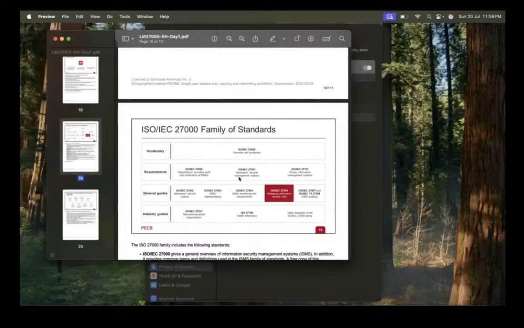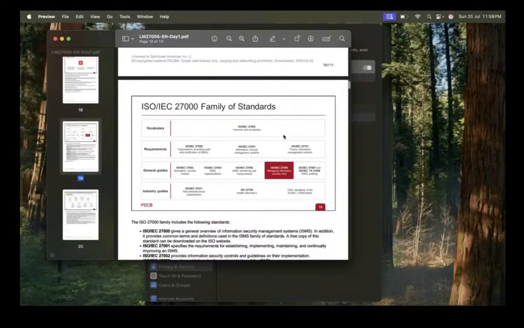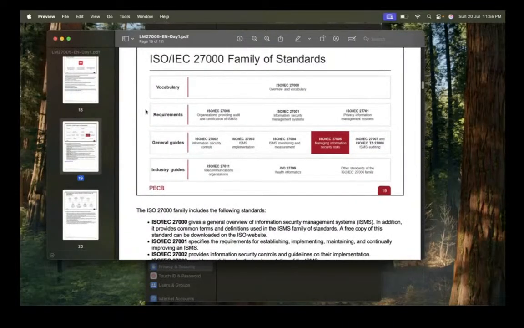Okay, so currently I am discussing the ISO IEC 27000 family of standards. Can you see that? Yes. All right, great. What I'm discussing is requirements first. Under requirements, there are three standards that we have discussed: 27006, 27001, and 27701.